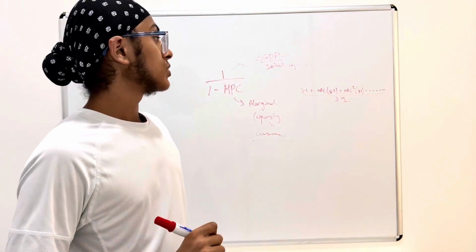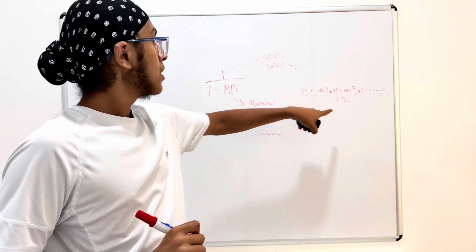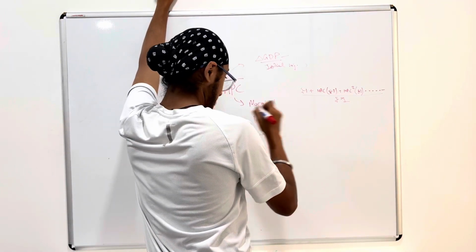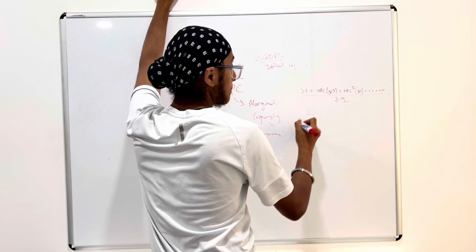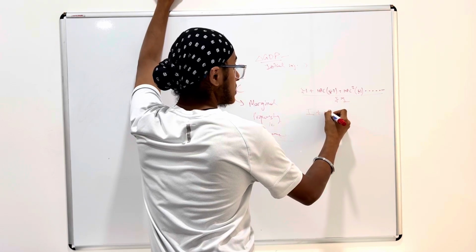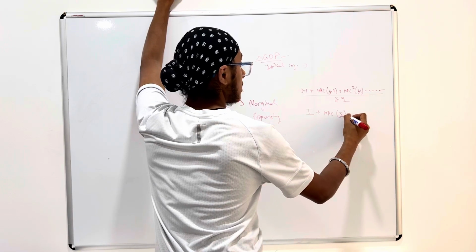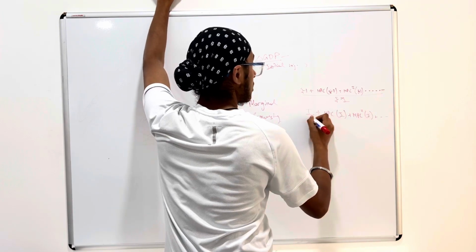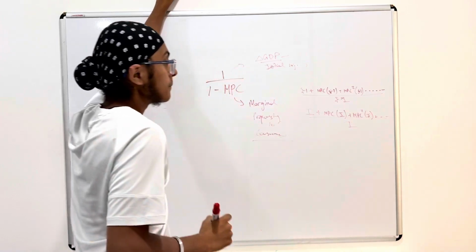Now, in this derivation, we're taking £1 to make it simple, but we can just write I instead of injection. So I write, I plus MPC into I plus MPC squared into I, on and on, over I.